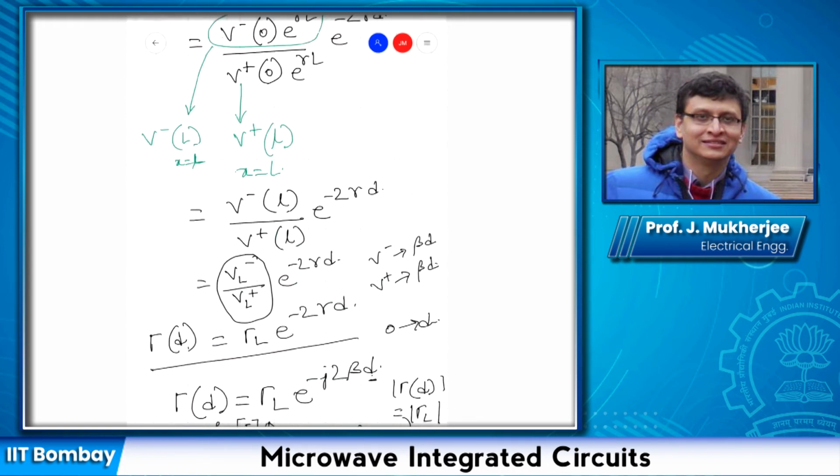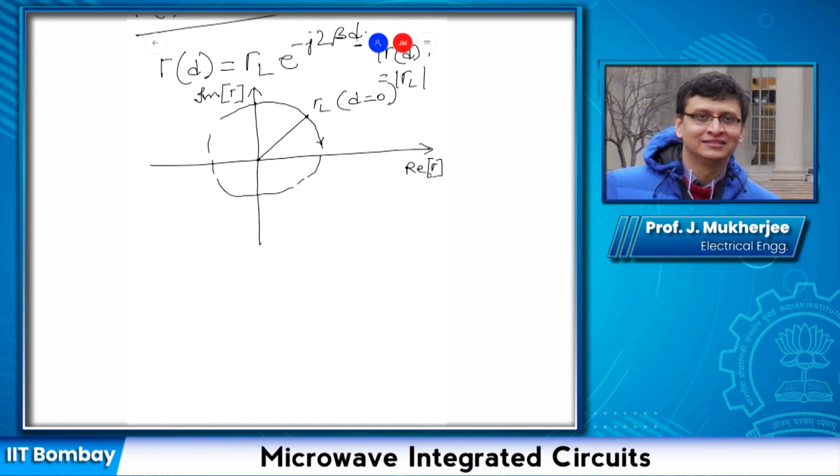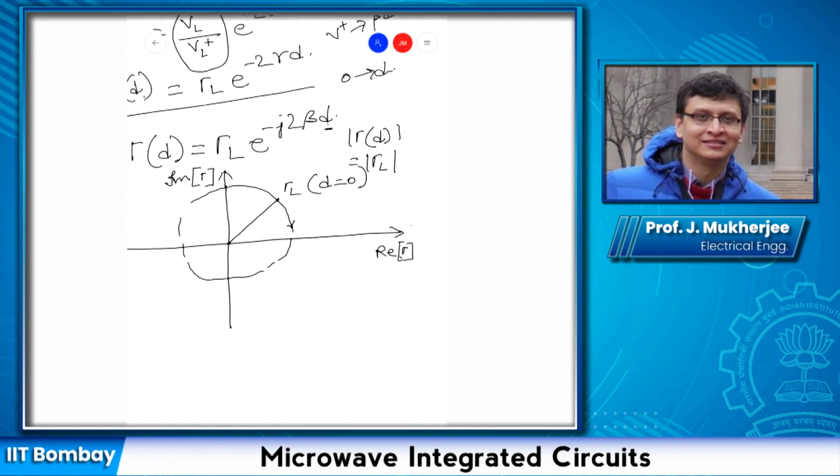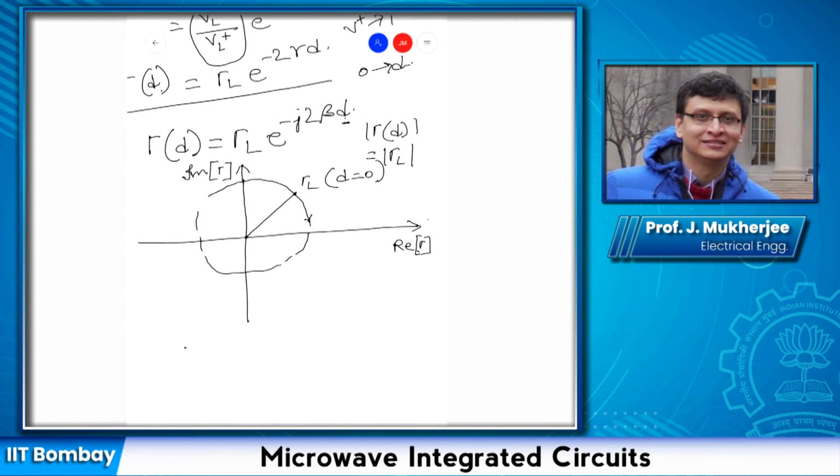Let's see, our V of D is given like this.